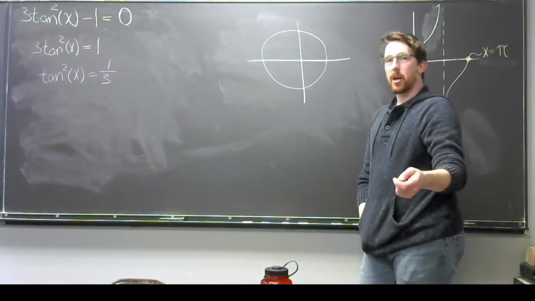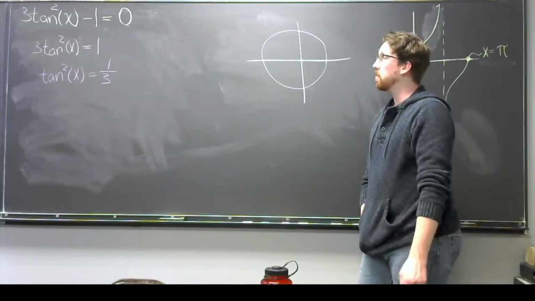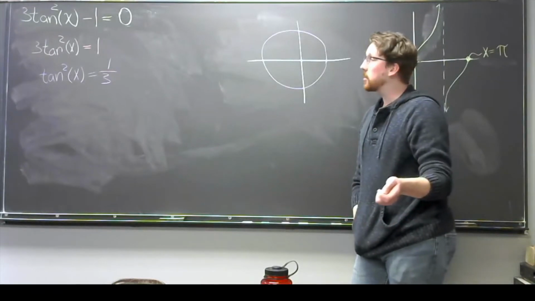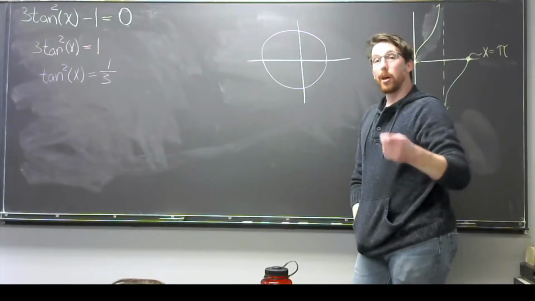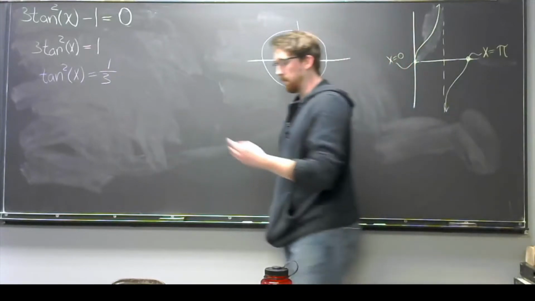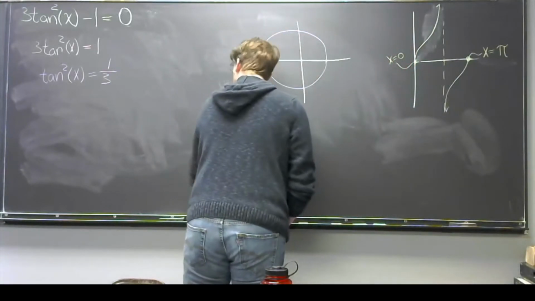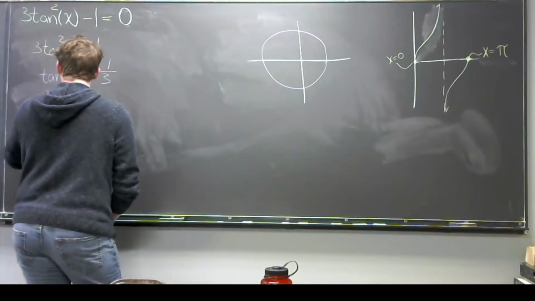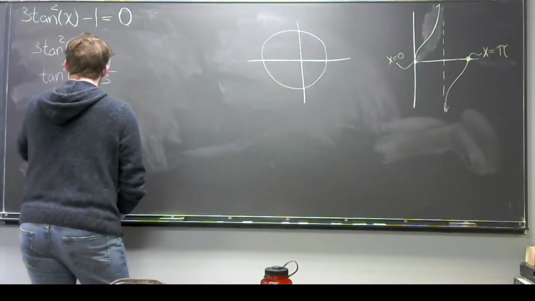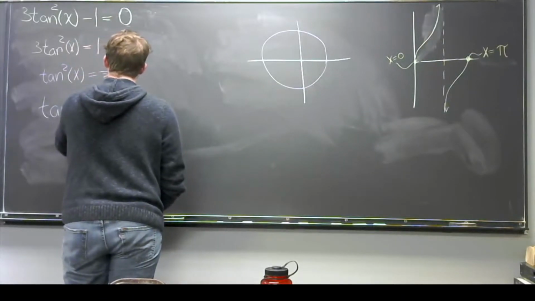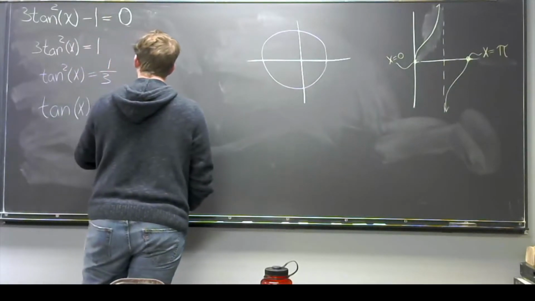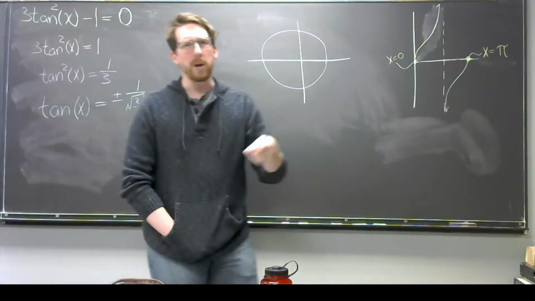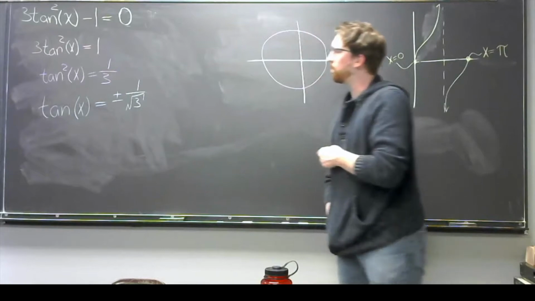Now we want to apply the square root to both sides. But when we do that, we're going to find that tangent of x can be equal to plus or minus 1 over the square root of 3. Now why do we get this plus or minus here?